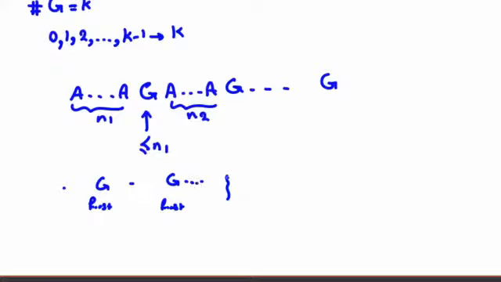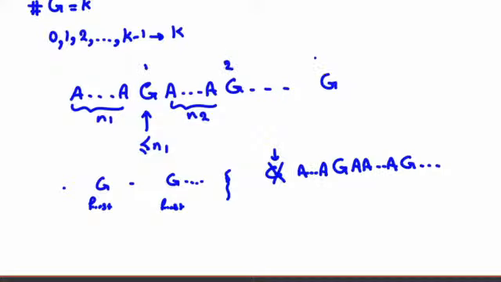And then after that, when you don't apply on the first g anymore, we can ignore it. You have these g's, so you have some number of a's here, some number of a's here, g, and so on. It is, for example, first g, second g to kth g.